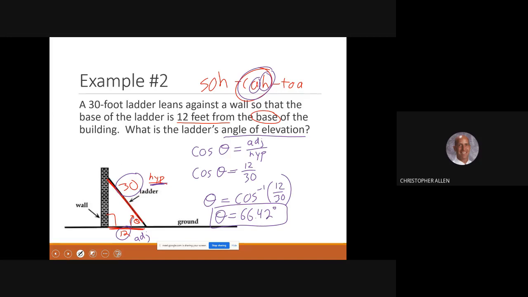Here's my angle theta. So the adjacent is 12, the hypotenuse is 30, so I put 12 over 30. And then here's, in my opinion, the hard step for students to remember. You've got to figure out what theta is. This is saying the cosine of some angle is 12 over 30. So what's the angle? Well, to find the angle, you've got to use that inverse cosine function.